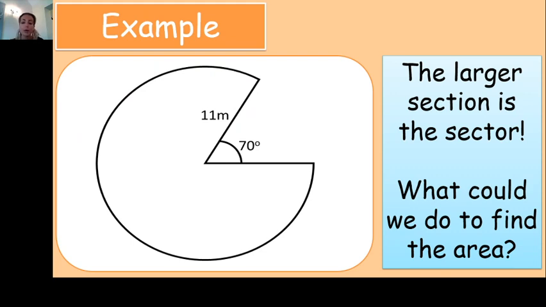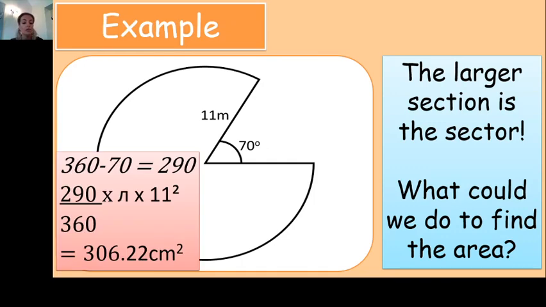Okay, so here's an example of a bit more of a tricky question. The largest section is the sector in this case. So it tells us that the smaller sector has got an angle of 70 degrees, but it wants you to work out the area of the larger section, okay? So in order to do this, we need to work out how many degrees are in the larger section. And we do that by doing 360 degrees, take away the 70.